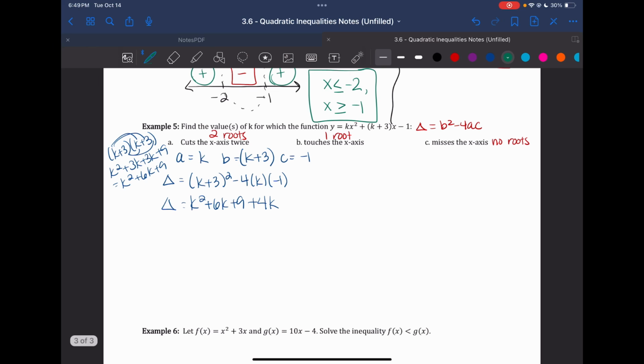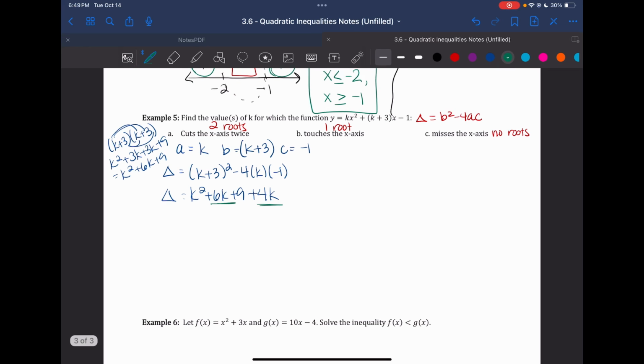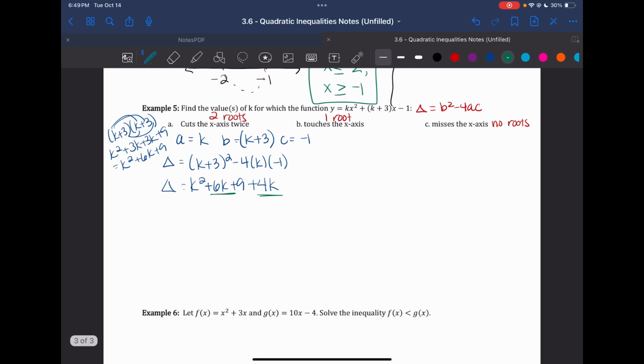What's nice about this is that there are 2 k's, so I'm going to go ahead and put them together. 6 plus 4 is 10, so delta equals k squared plus 10k plus 9. Now, this should kind of look familiar. It's a quadratic. So you have options. You can either use polysmelt, or you can recognize that this is a very simple add multiply.